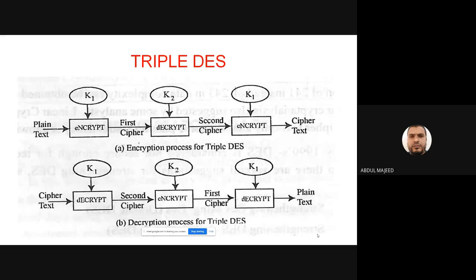When you use DES 3 times, automatically the key size will increase. Here in DES the key size is 56-bit. In triple DES, we are repeating the DES algorithm three times, so the key also gets repeated: 56, 56, 56 bits. It will become a 168-bit key.